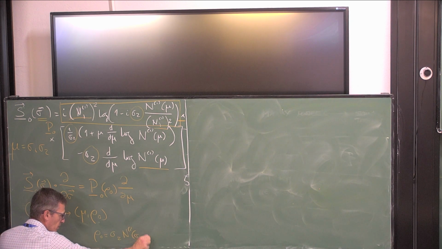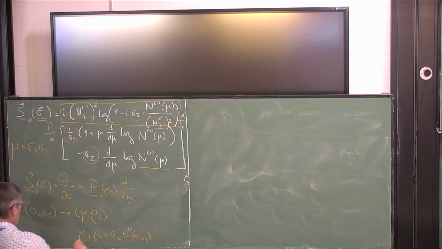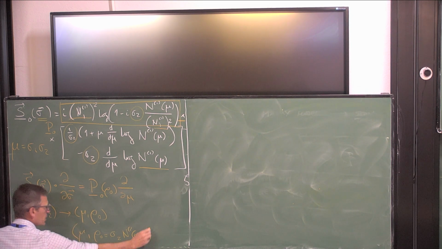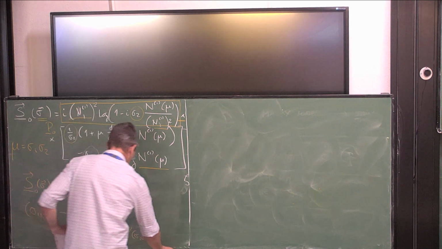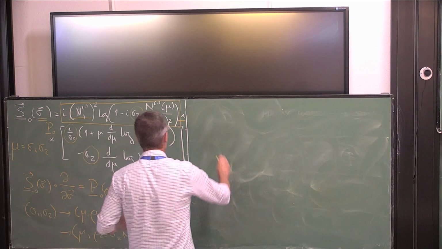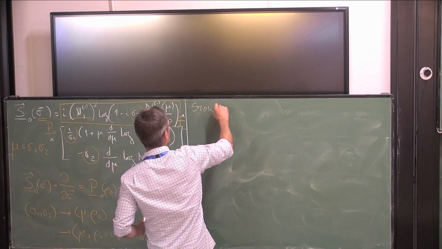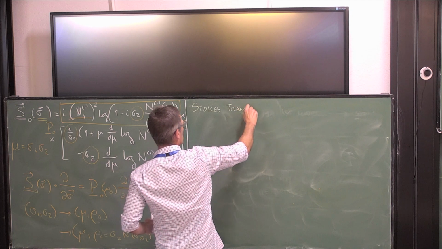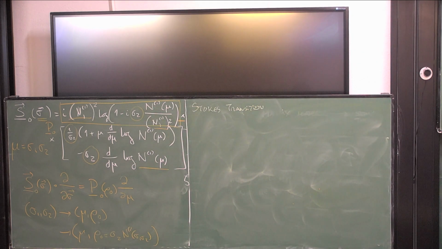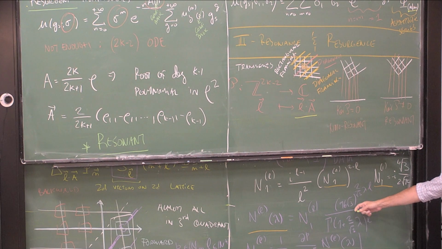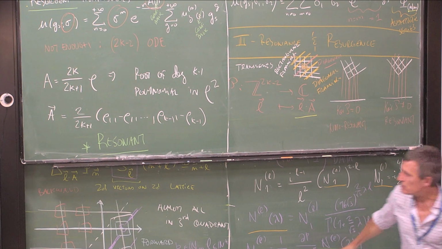So I move from sigma 1, sigma 2 to mu, rho 0, which means that the Stokes transition, which, let me recall, in the polynomial one case, in rectangular framing, is really a mess because it involves all these zeta numbers.